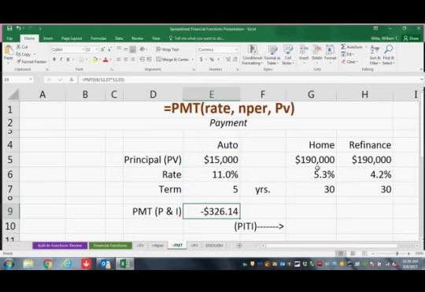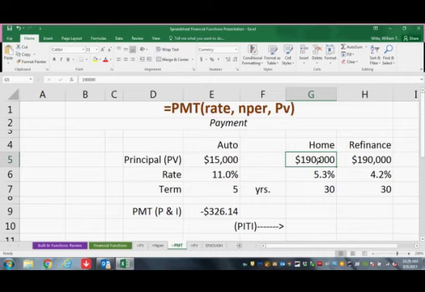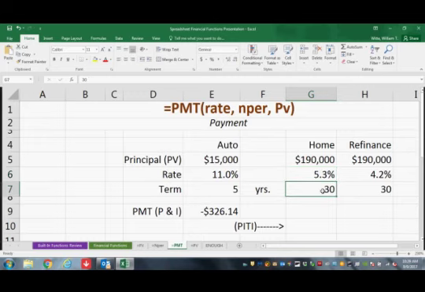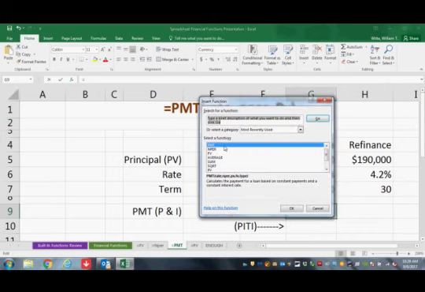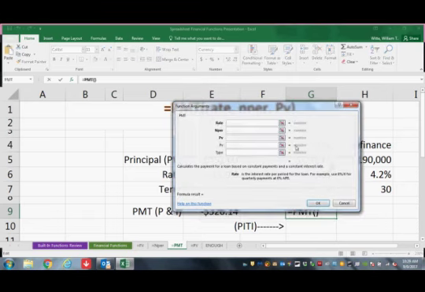Okay, let's talk about doing the same thing for a home. I wonder what my payment would be for a $190,000 home at 5.3% over 30 years. Typically, we buy a home over 30 years. So let's find out what that payment would be. Click on the function wizard. We've already got the payment function here, so I'll say OK.